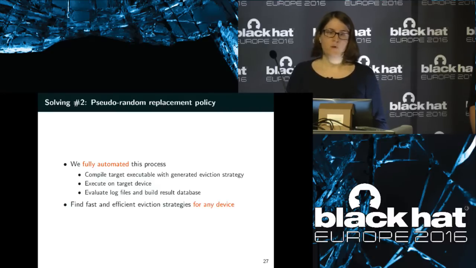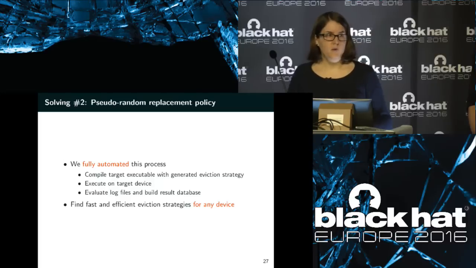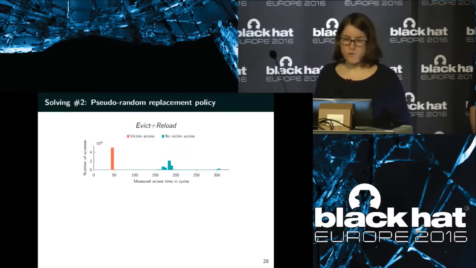As the eviction strategies usually depend on the device, because the cache characteristics change from one device to the other, we can find with this method fast and efficient eviction strategies for any device.